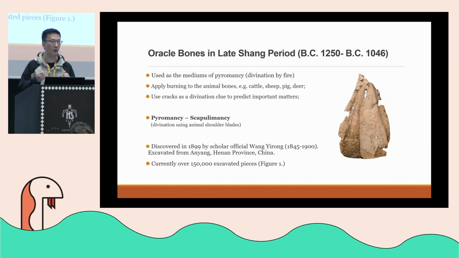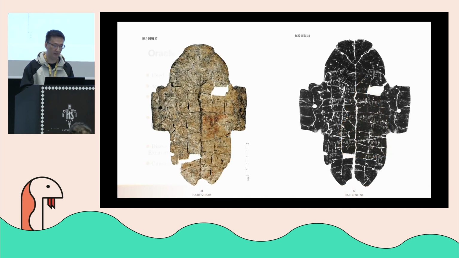This way the cracks would form on the front. This practice is usually named scapulomancy or pyromancy because it's related to fire and the divination using animal shoulder blades. And this here is an example of a turtle shell fragment.